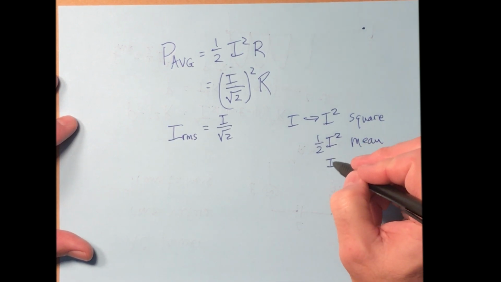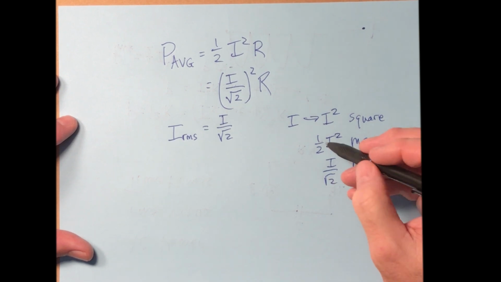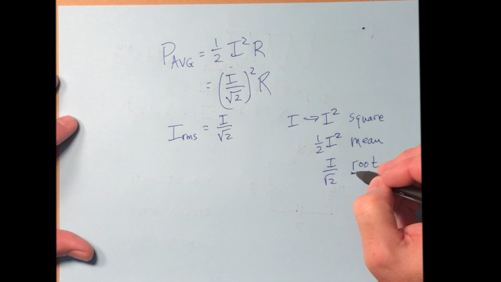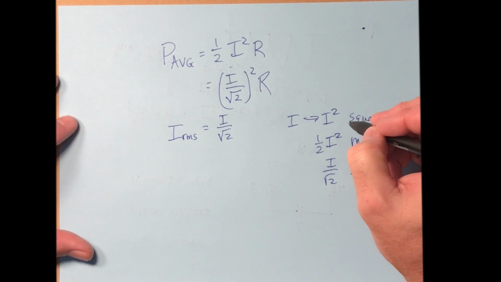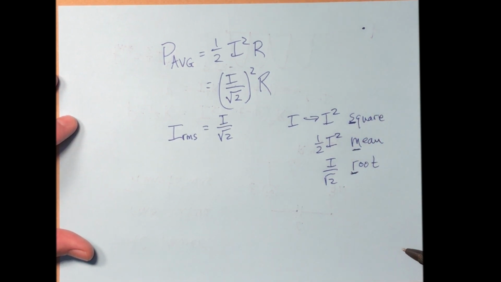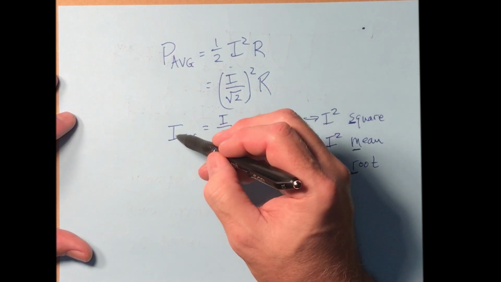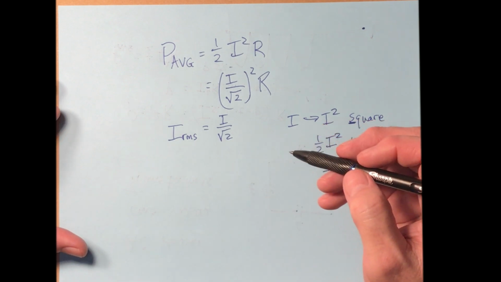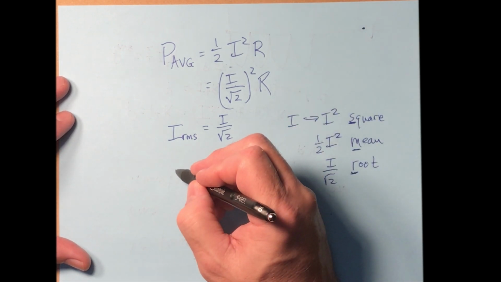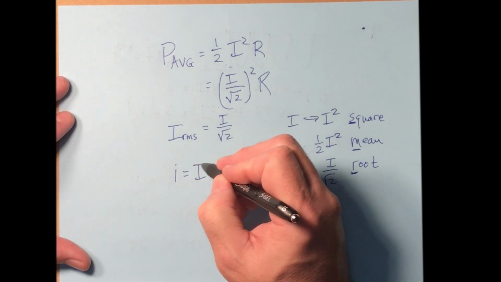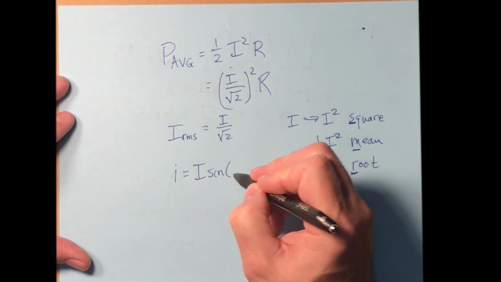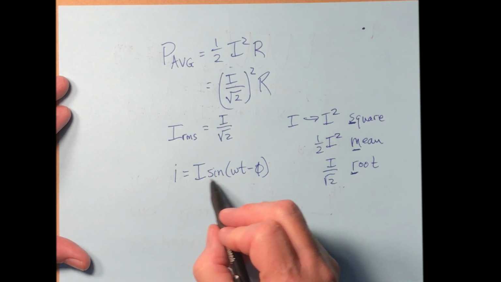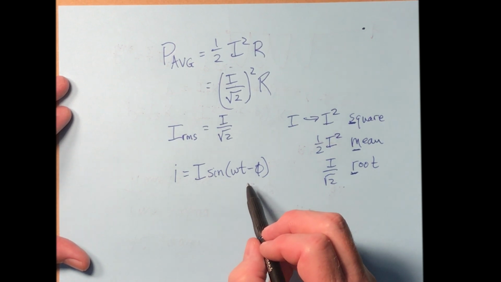So we've got I over square root of 2 when we take the square root of that. And that is the RMS value, root mean square. So you can think of this as kind of an average for current, because if you think about current as capital I times the sine of omega t minus phi, what's the average of this? The average of that is 0.